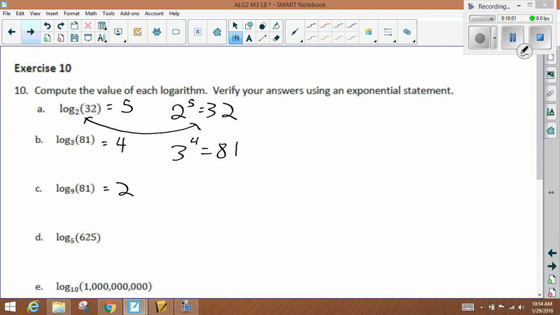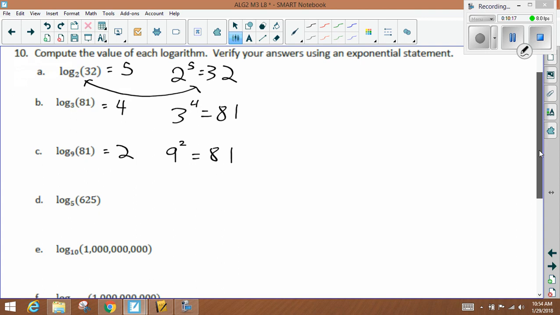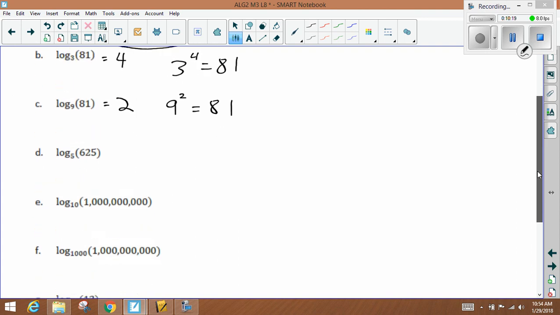This one's 2, right? Because 9 to the second power is 81. So, right, 9 squared equals 81 is another way to write that.